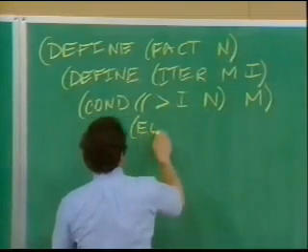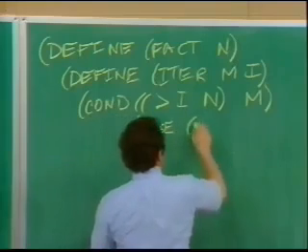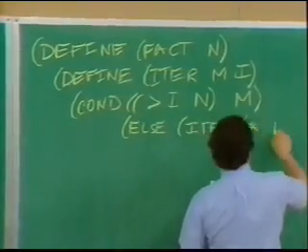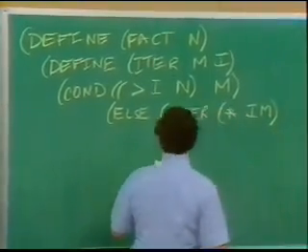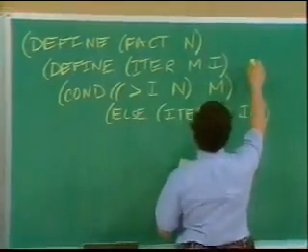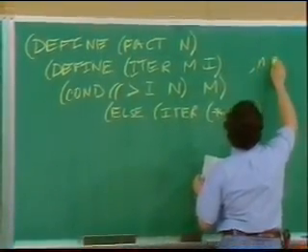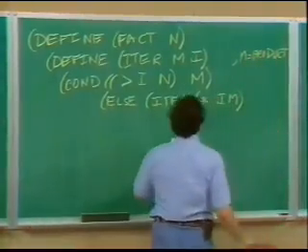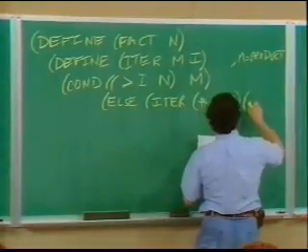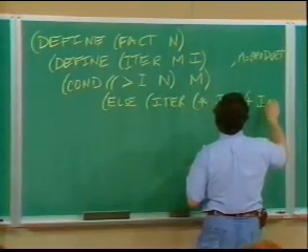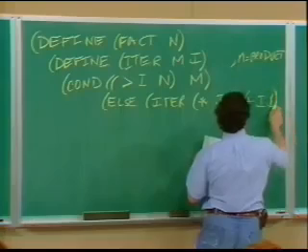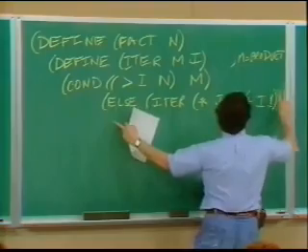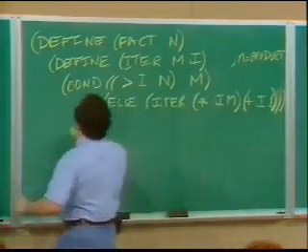Otherwise, it's the result of iterating the product of i and m. So m is going to be the product that I'm accumulating. And the count i I'm going to increase by 1. Plus iter, else, define. I'm going to start this up.